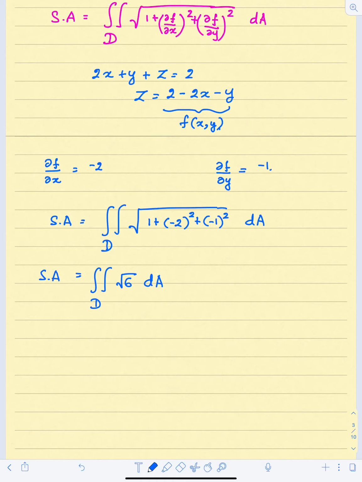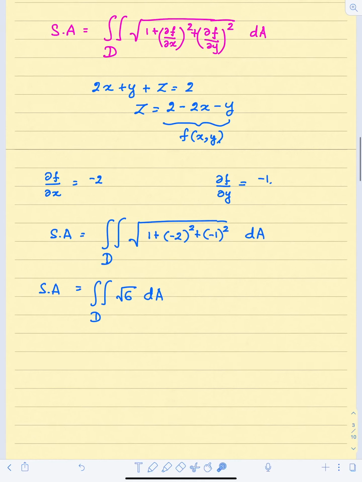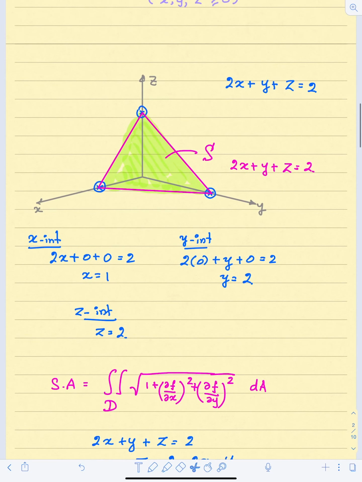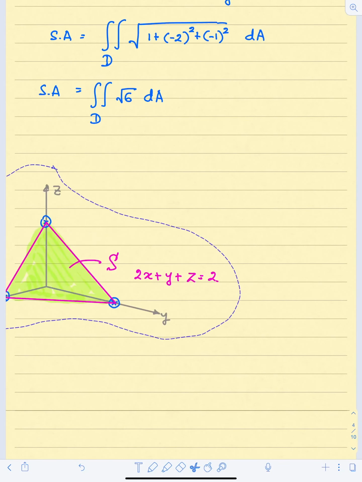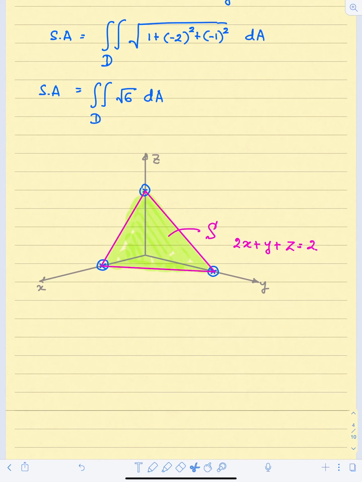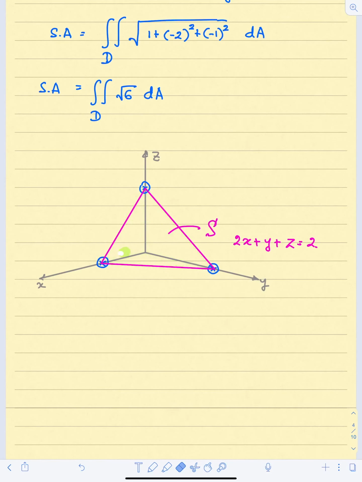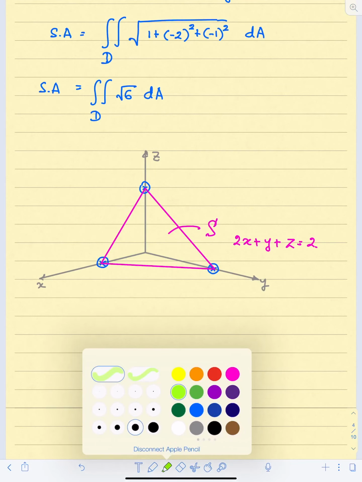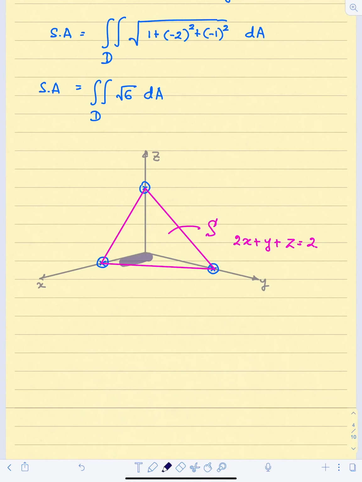Now we need to figure out this domain D. Let's go back to the figure. This domain D is on the xy plane, and it should be this portion.